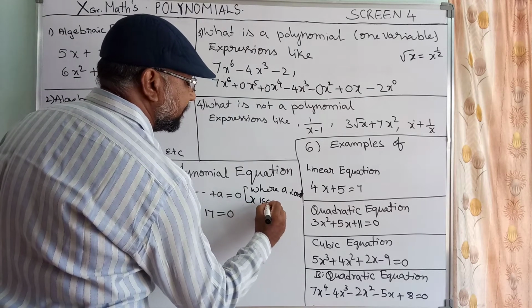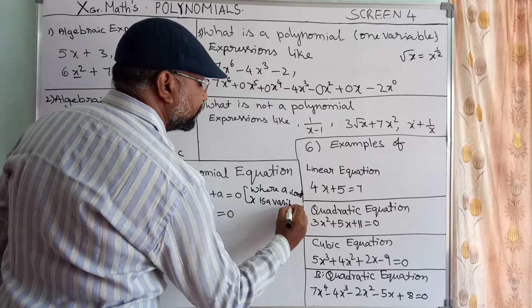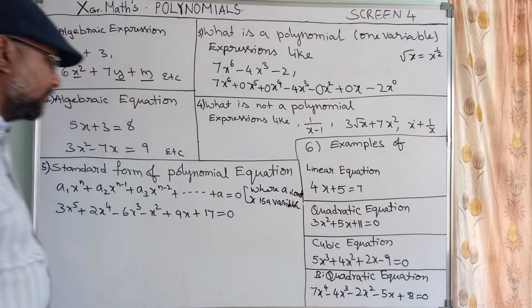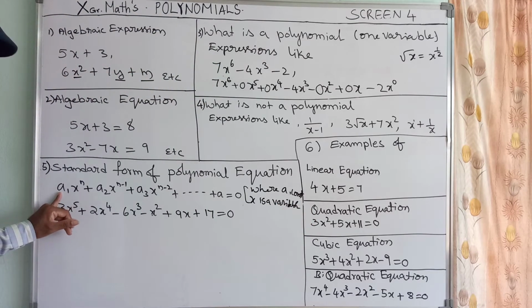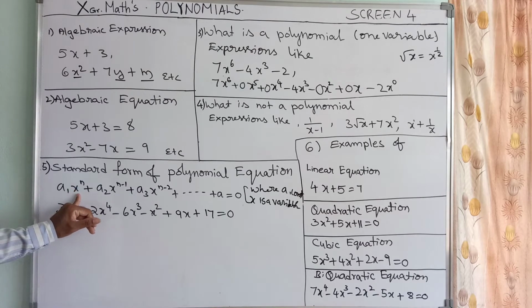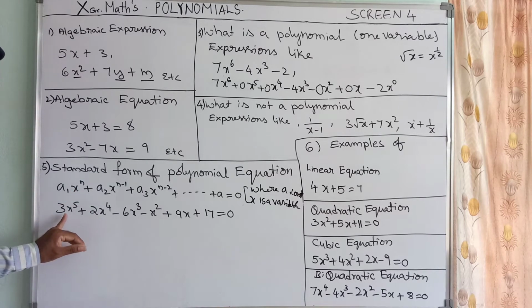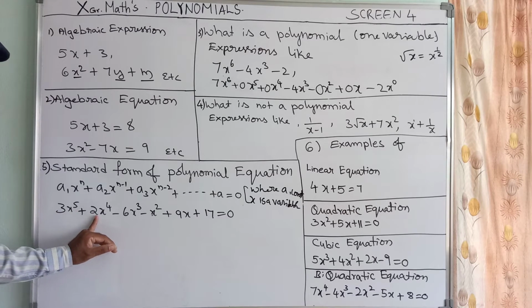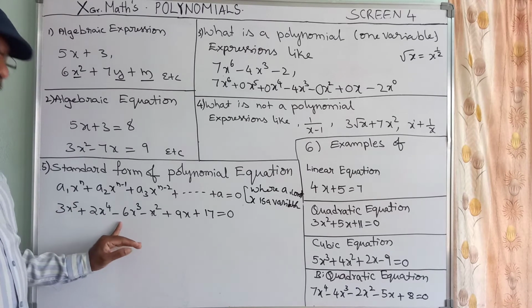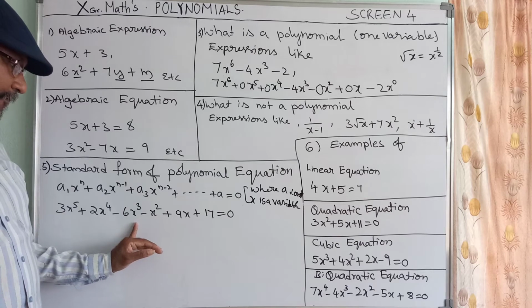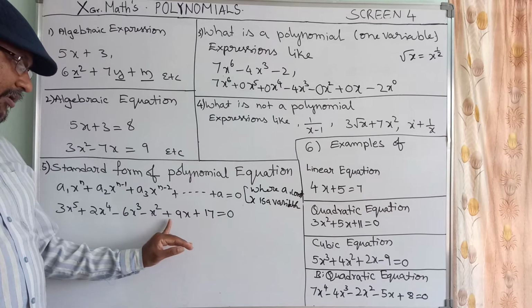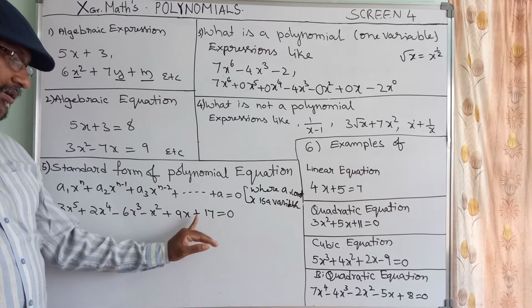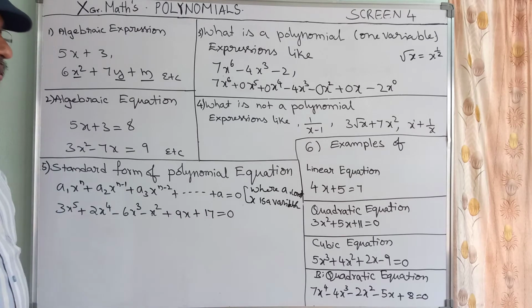A is a constant and x is a variable. For example, now I have created a polynomial of degree 5: 3x power 5 plus 2x power 4 minus 6x power 3 minus x square plus 9x plus 17 is equal to 0.